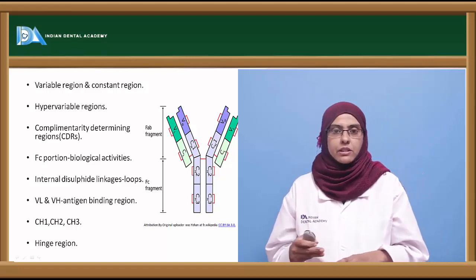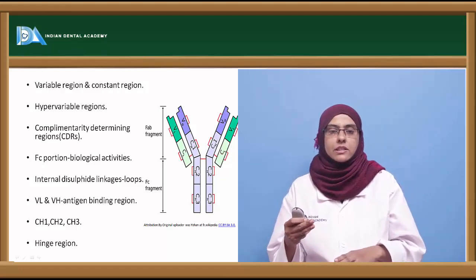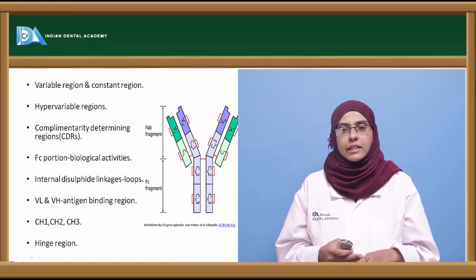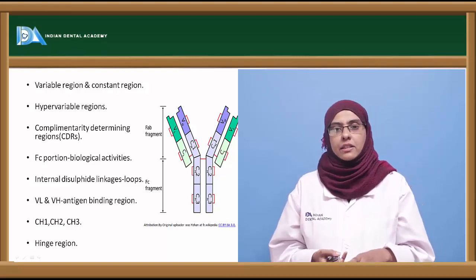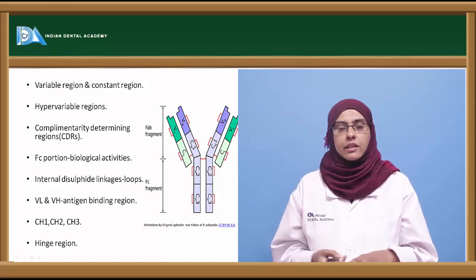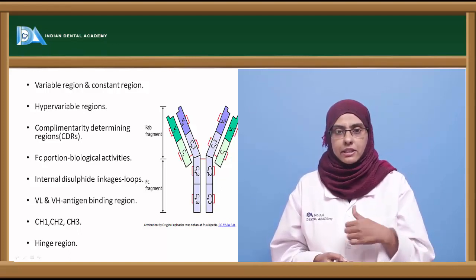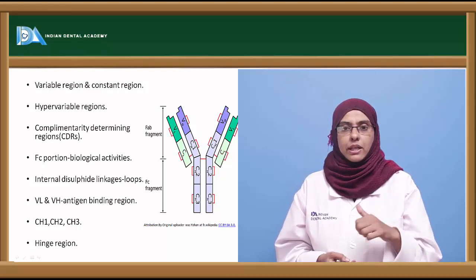And the Fc portion, as already discussed, is the crystallizable fragment of the antibody molecule. Though it is not involved in binding with the antigen, it induces different biological activities in the human body to eliminate the antigen.